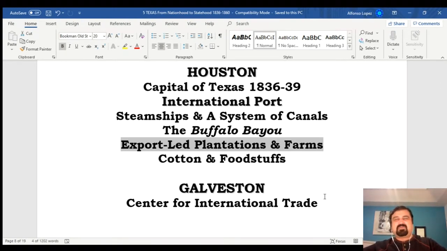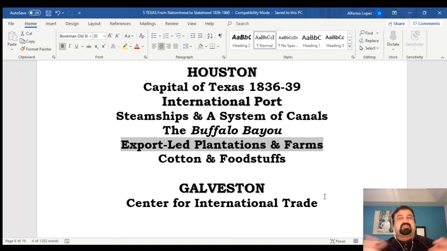There were a few sugar plantations, very few, and also farms. The city of Houston was exporting particularly cotton and foodstuffs to the United States, but some cotton also left for Europe.